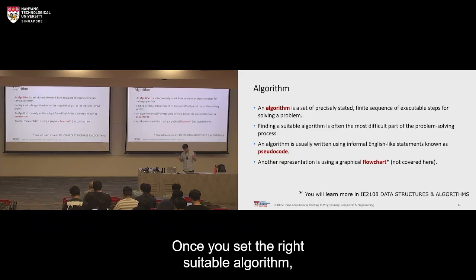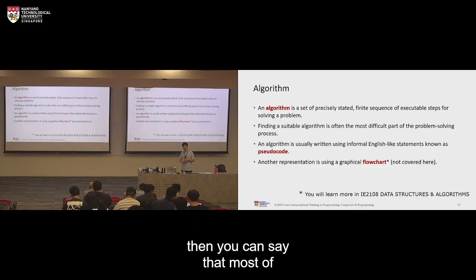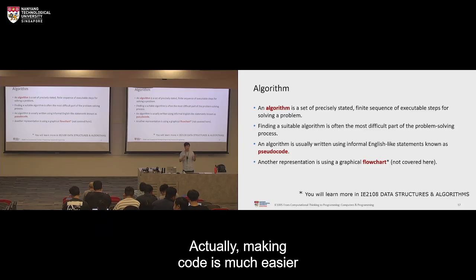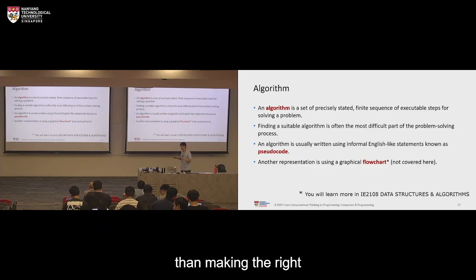Once you set the right, suitable algorithm, then you can say that most of the coding is done. Actually, writing code is much easier than making the right and efficient algorithm.